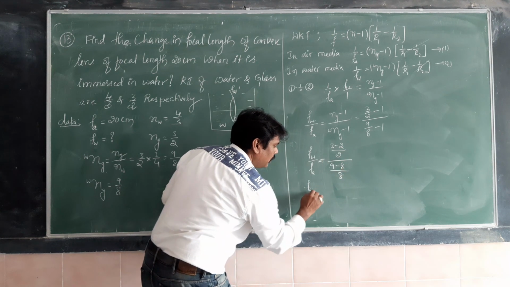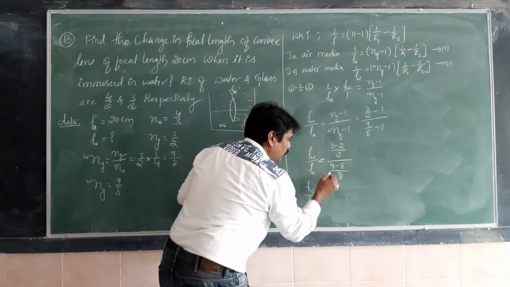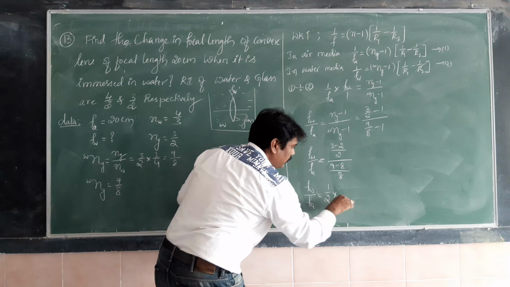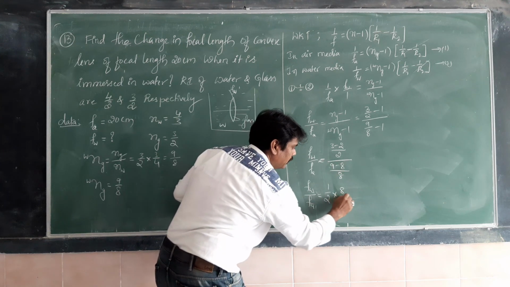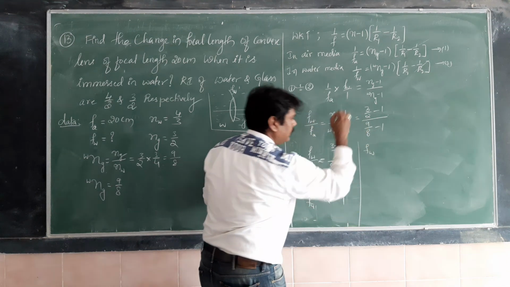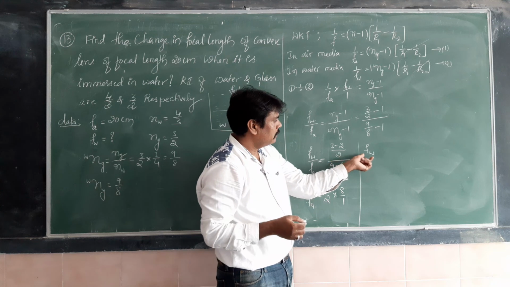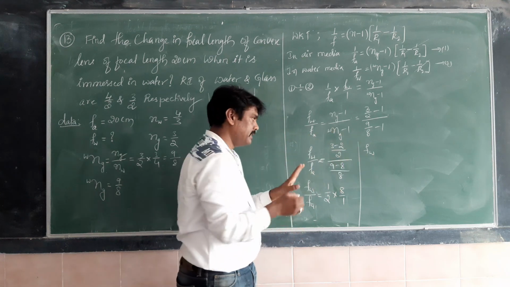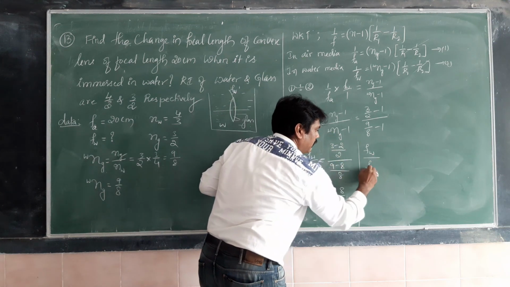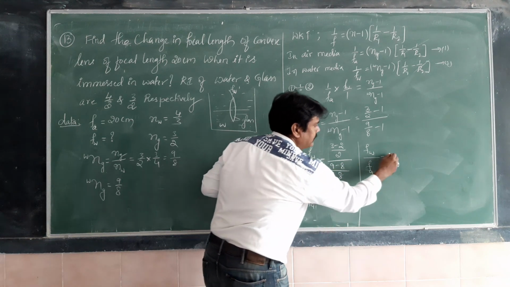Then Fw divided by Fa reduces to 1 by 2 whole divided by 1 by 8, that is 8 by 2, which is 4. Fw, the focal length of the glass lens when it is immersed in water, divided by Fa.